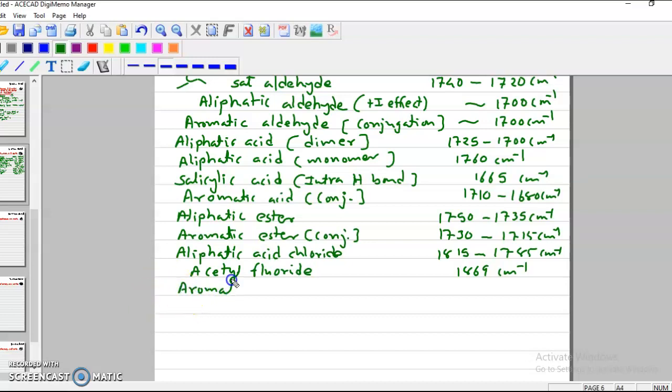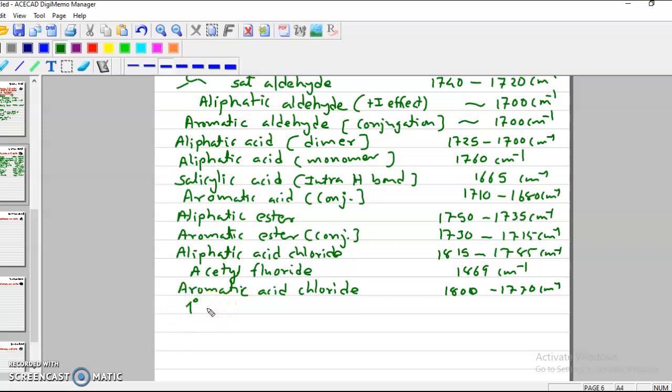In case of aromatic acid chloride, that is benzoyl chloride, we will observe at 1800 to 1770 cm⁻¹.